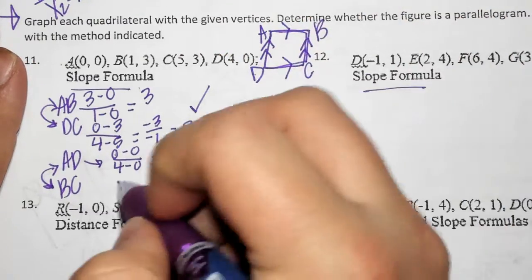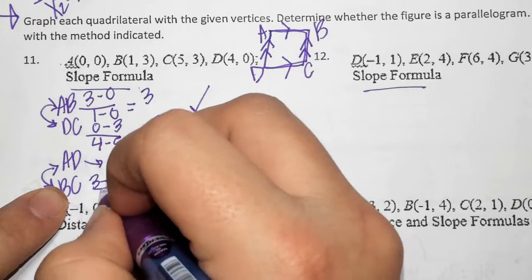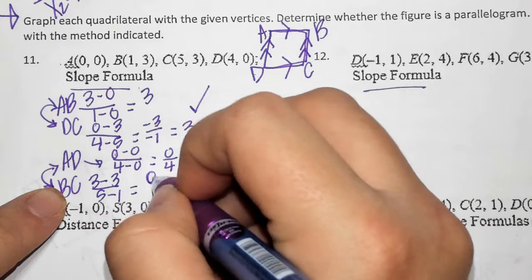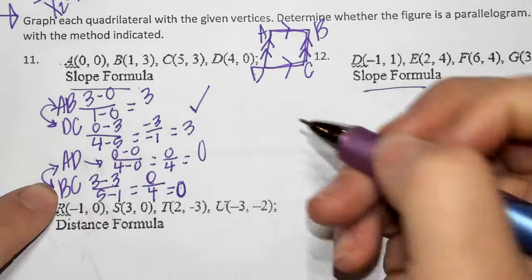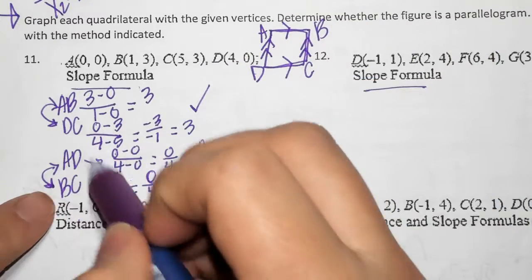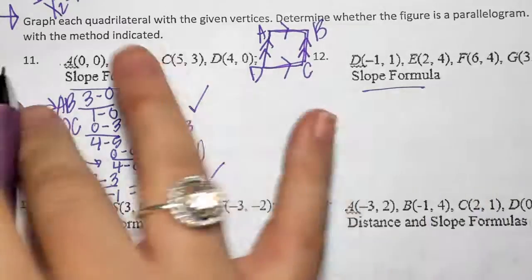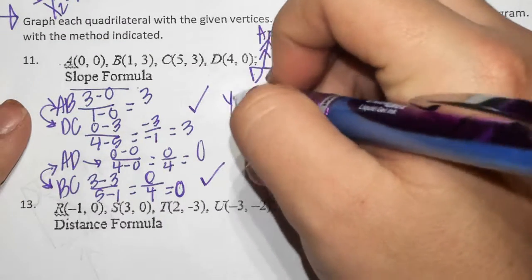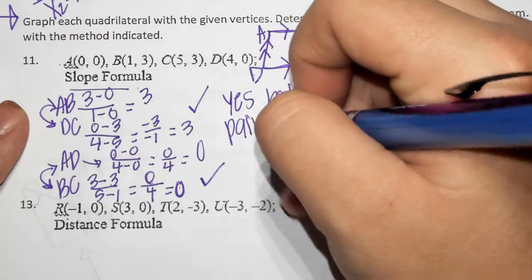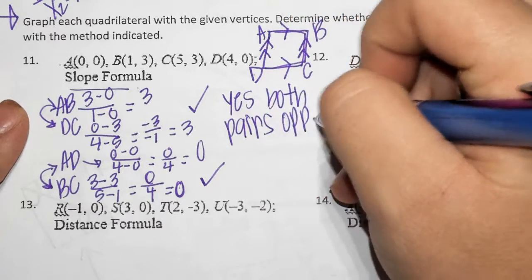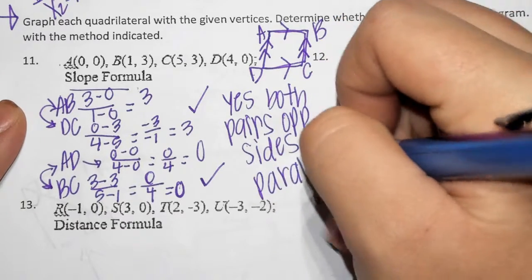Okay, so then we have 3 minus 3 and 5 minus 1, which is 0 divided by 4, which is 0. Okay, well, because these two are the same and these two are the same, yes, determine whether each figure is a parallelogram. Okay, so yes, both pairs of opposite sides are parallel.